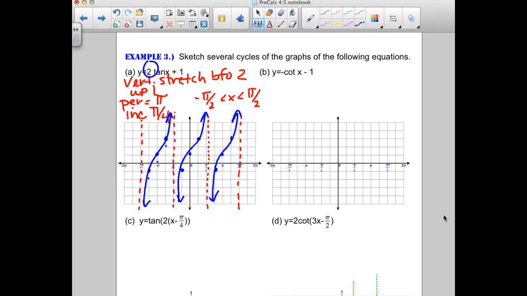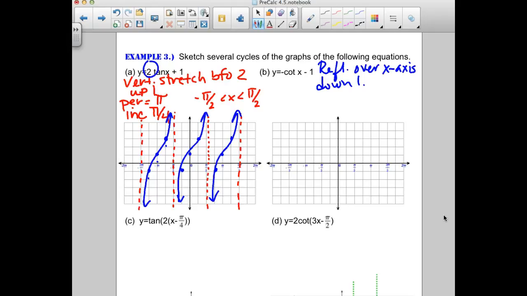All right, next one. What 2 things do you see happening? Everybody, nice and loud. Good. Okay, what else? Down 1? Okay, no phase shift, no change in period.